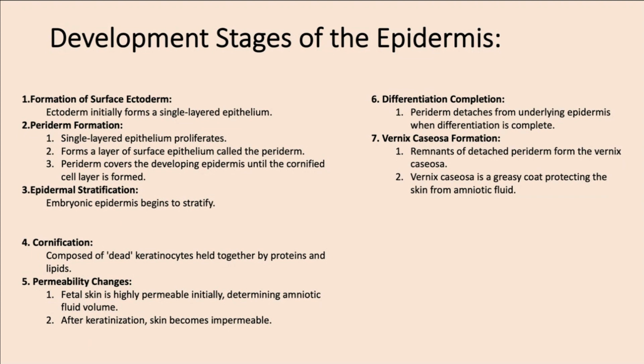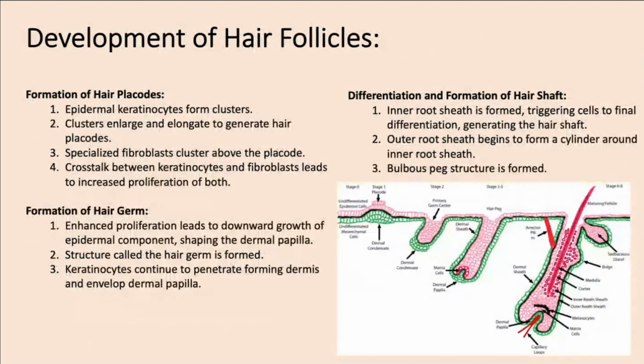But at the same time, this amniotic fluid could go through the skin of the fetus. And as we said, the skin of the fetus is highly permeable, and you don't want a large amount of amniotic fluid to go through. Some amounts is okay, but not a large amount. So that's what the vernix caseosa does. It stops that.